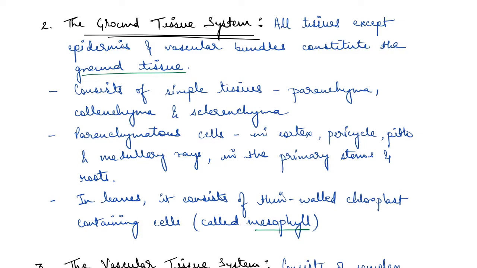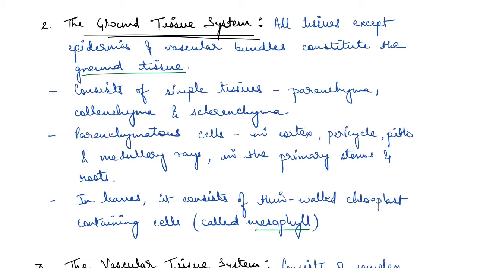Parenchymatous cells are usually present in cortex, pericycle, pith and medullary rays, and then in the primary stems and roots. Then in leaves, the ground tissue consists of thin-walled cells which have chloroplasts, and these are known as mesophyll. Remember that, right? So these basically are the ground tissue system.